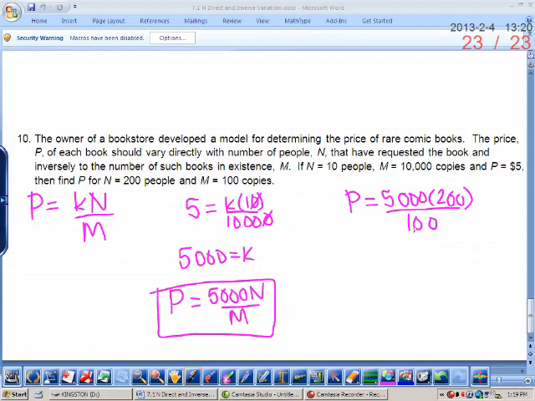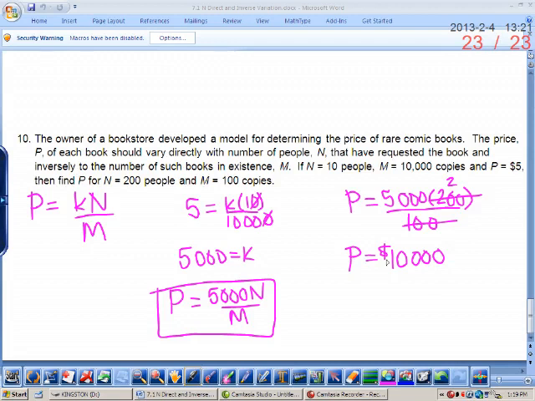Well, 200 over 100, what does that become? 2. So what is P? 10,000. These are the type of numbers, guys, that I could give you on a non-calculator part. You need to be able to work with these types of numbers, canceling stuff out, using good technique.